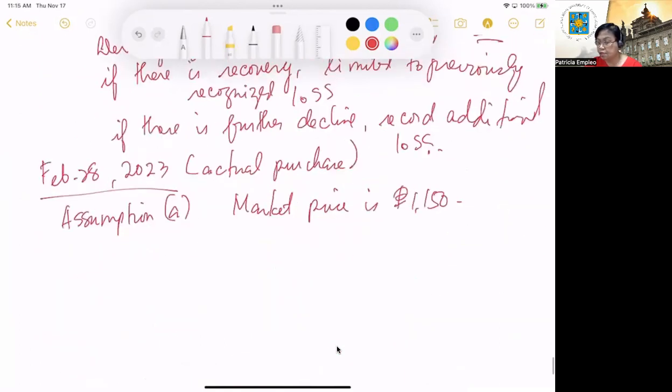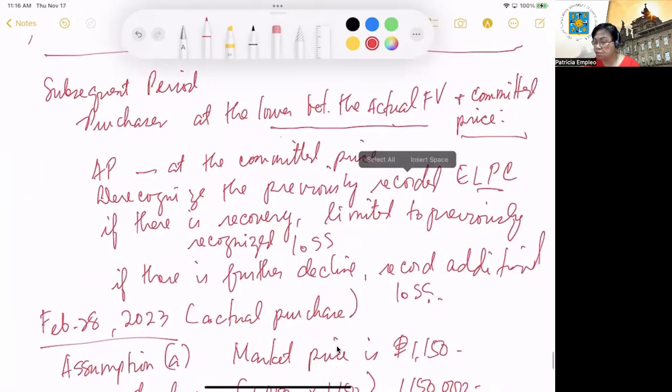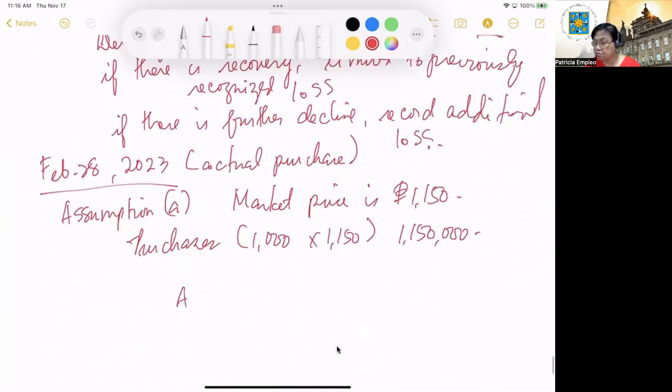And therefore, your entry here is to debit purchases. That is 1,000 times 1,150. So that's 1,150,000. And then, what shall we do? Your accounts payable must be recorded at the committed price. Of course, you are committed to that. So, record accounts payable. Your committed price is 1,000 times 1,200. So therefore, that's 1,200,000.